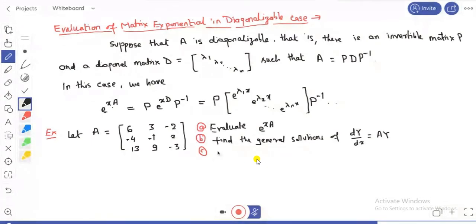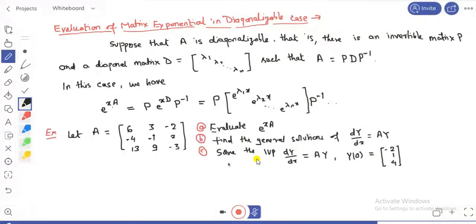So you can also solve the initial value problem dY over dx equals A Y, where the initial condition is given as Y of 0, that is, when x1, x2, x3 are 0, then y1, y2, y3 are minus 2, 1 and 4. Okay, so this is the problem.